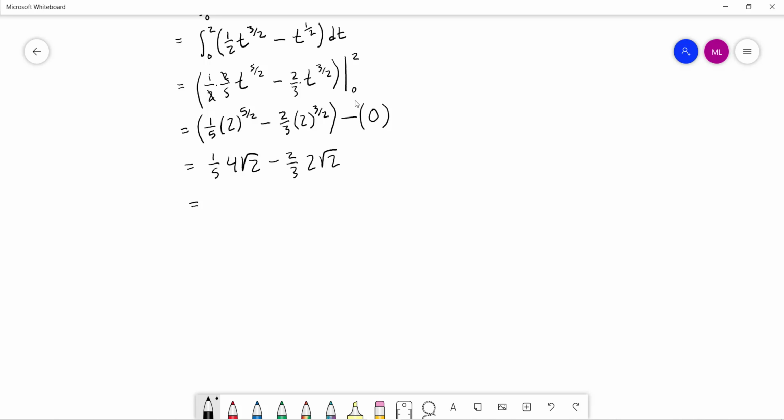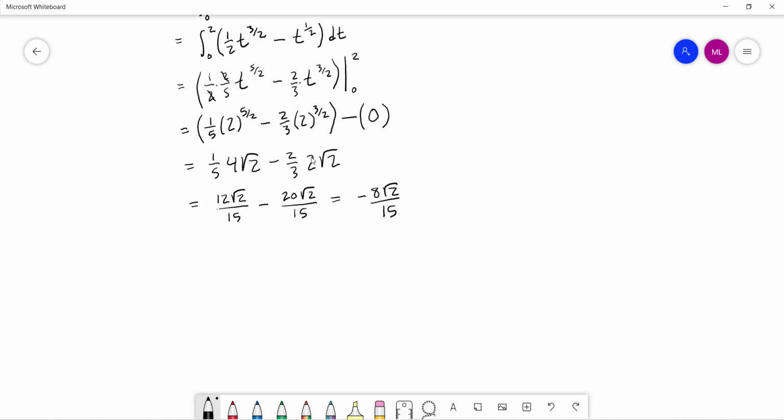And we will get 12 root 2 over 15 minus, this is a total of 4, when I multiply by 5, so I'm going to get 20 root 2 over 15. And sure enough, we get something negative. We get negative 8 root 2 over 15.